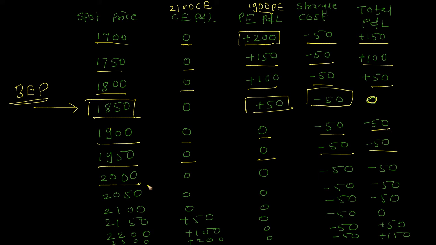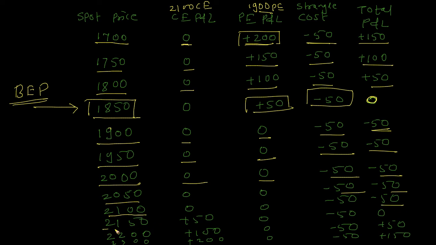Similarly, at 2000 also both are zero and profit and loss is minus 50. At 2050, again profit and loss is minus 50. At 2100, again C has no value and P is out of the money, so my cost was minus 50, so my total profit and loss is minus 50.